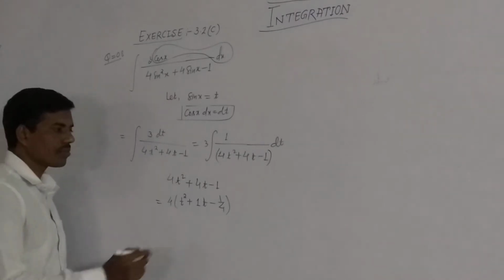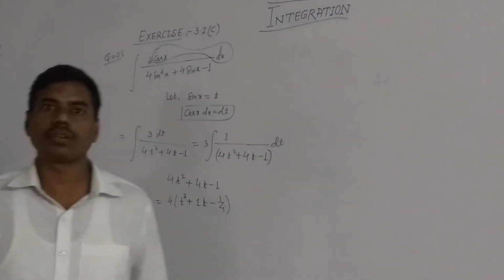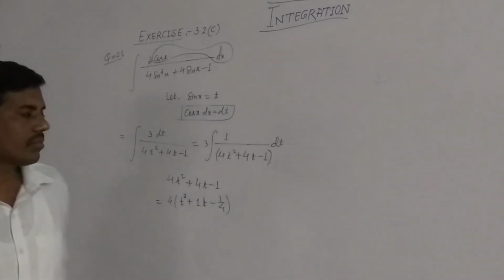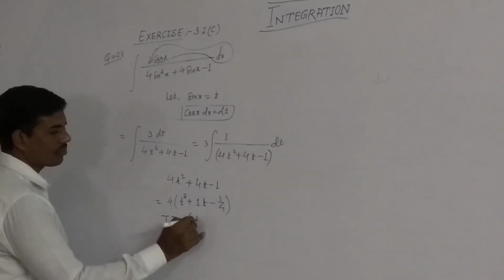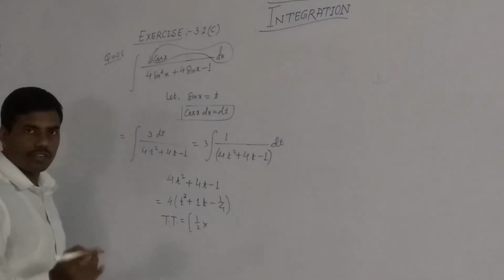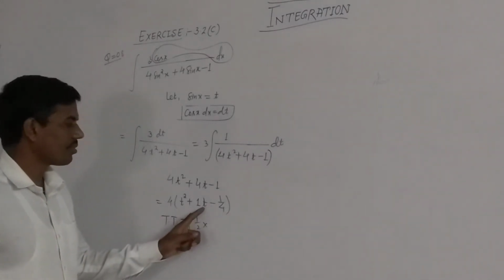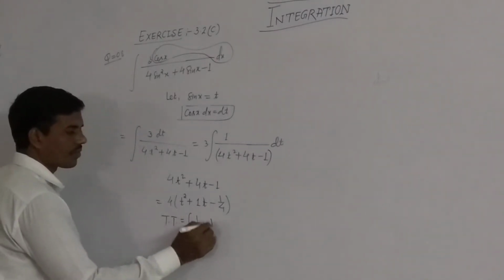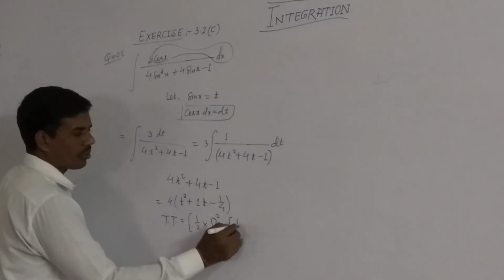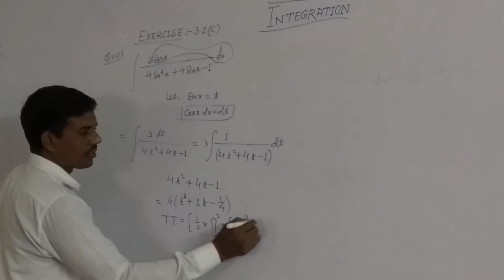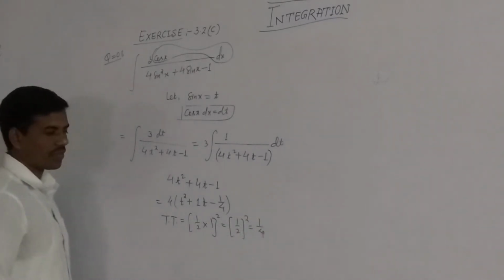Now the next step is to find the third term. The third term is equal to 1 by 2 into the coefficient of t, that is 1, to the whole square, and 1 by 2 to the whole square is 1 by 4.